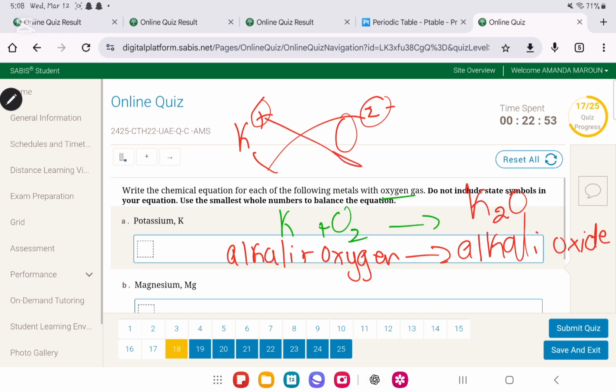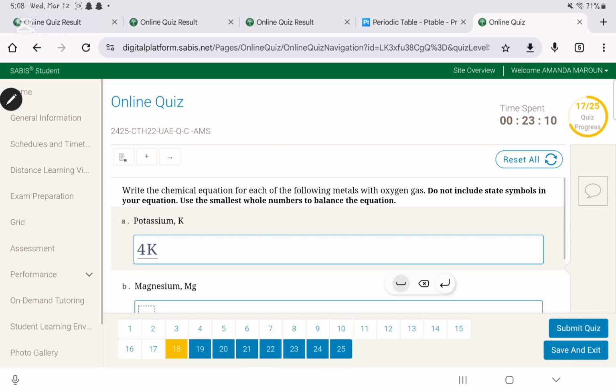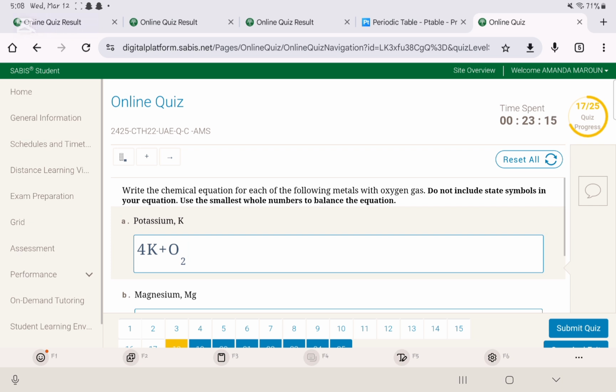So an alkali oxide is K2O, but is it balanced? For sure, it's not balanced. So to balance it, we will put a 2 over here and a 4 over here. So now the final product is 4K plus O2. Pay attention, they do not need state symbols, so you do not put the state symbols. It will give us 2K2O.